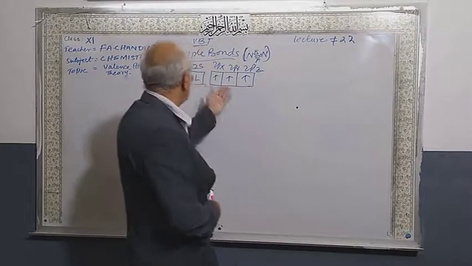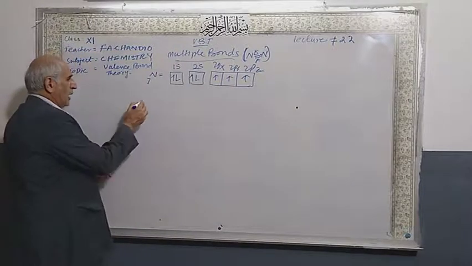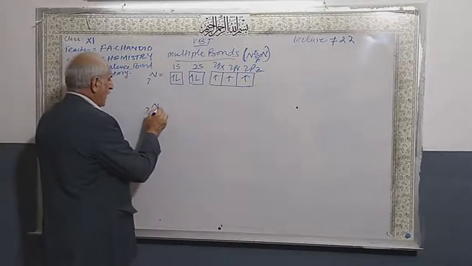So you are seeing this one. Three are unpaired in the one nitrogen atom, and also if you write for the second nitrogen, atomic number is 7.